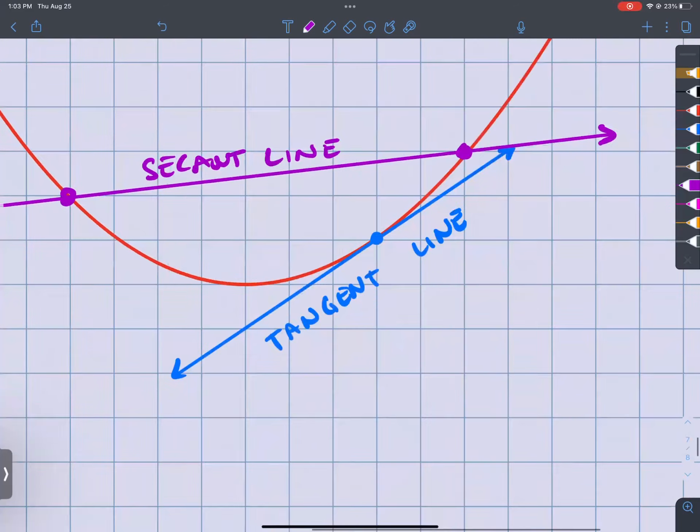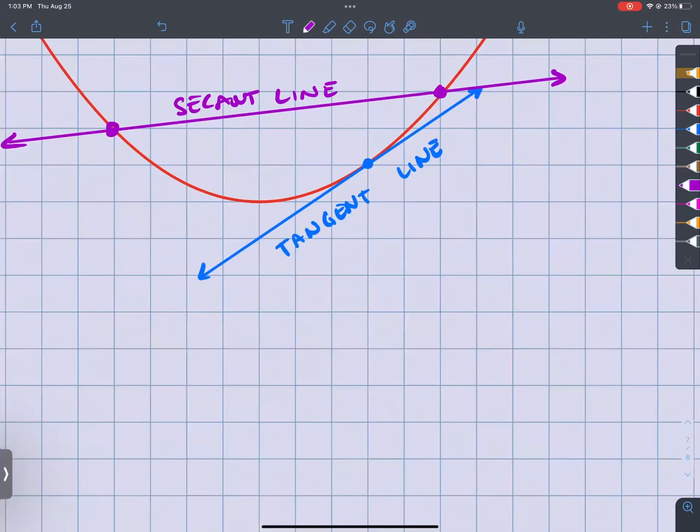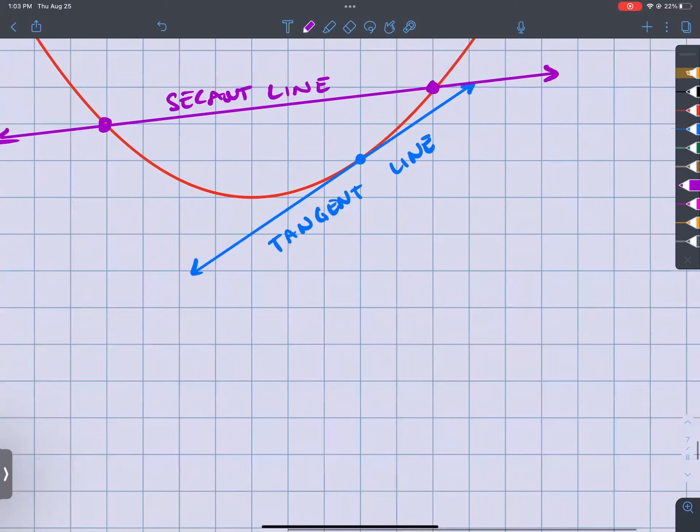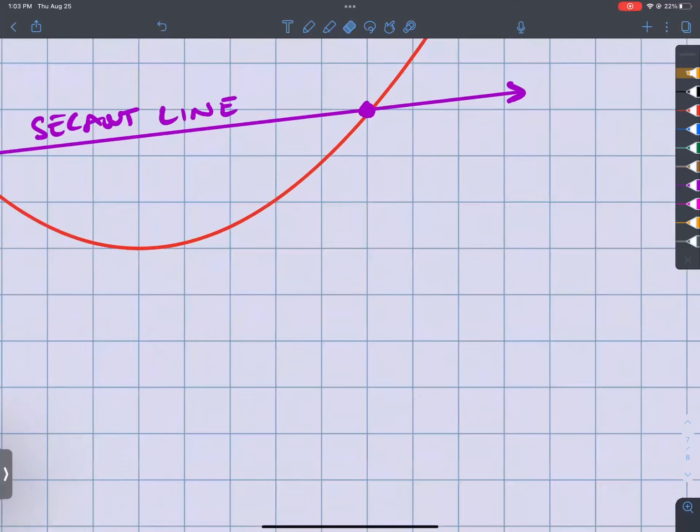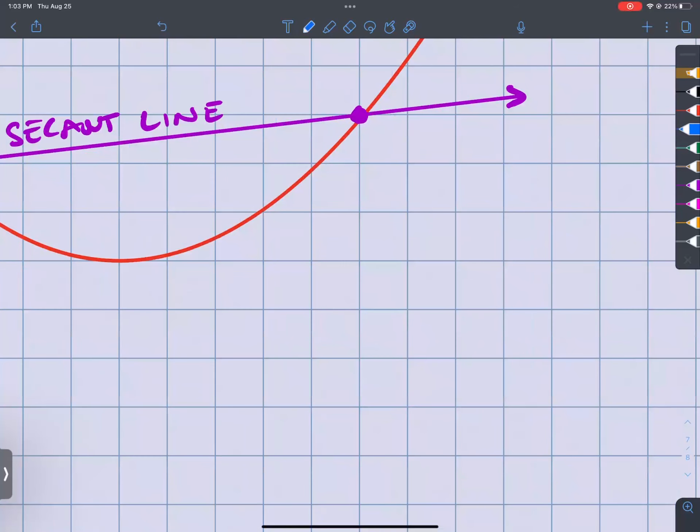But usually the secant line is not that wide. Usually it likes the distance to be a little bit smaller. If I didn't draw this tangent line here, I would probably draw a secant line more like this.